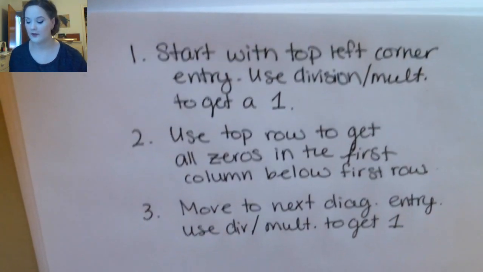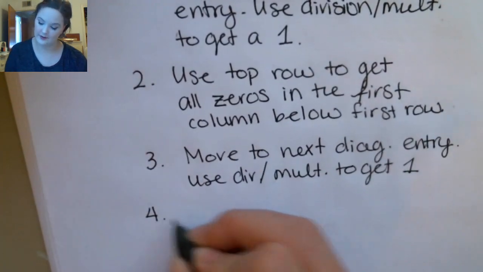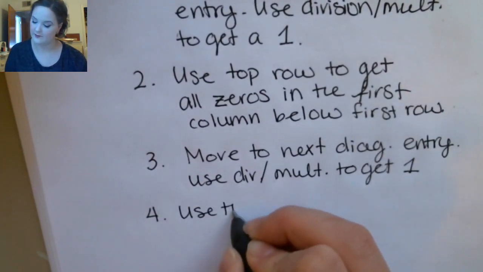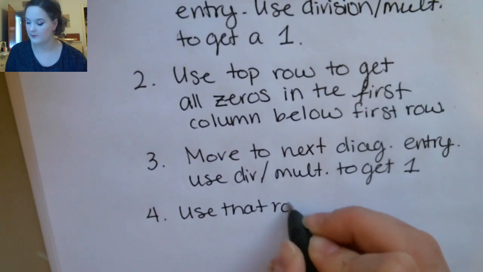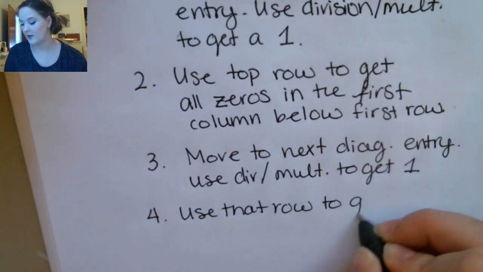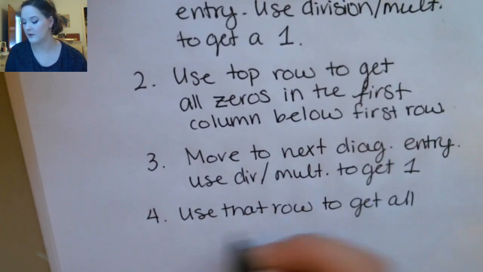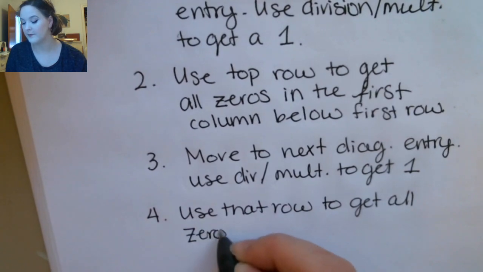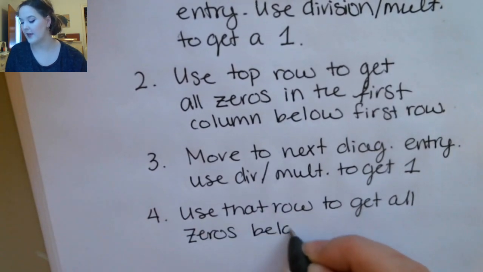Then you're going to use that 1 to get all zeros below that diagonal entry.